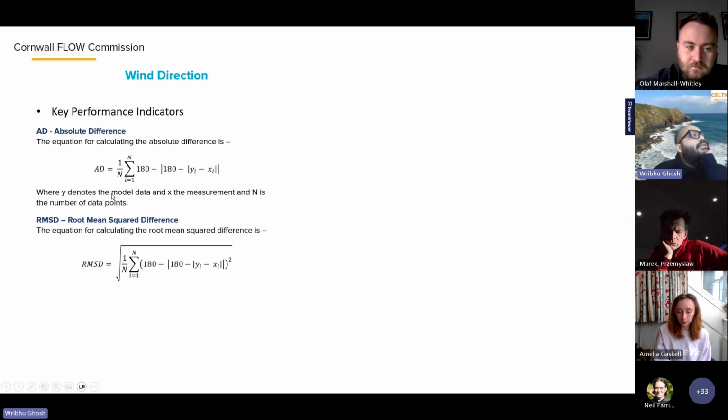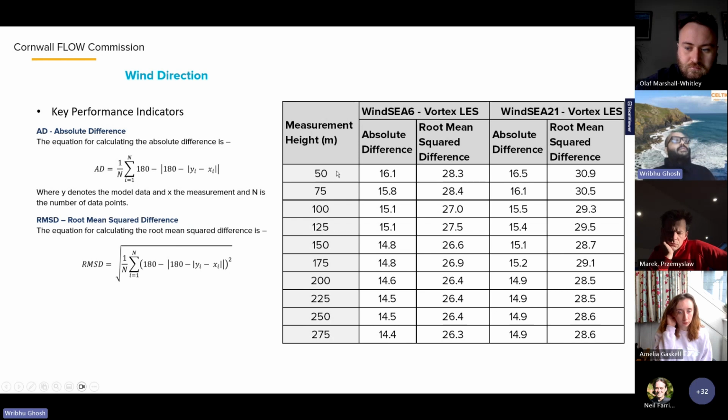We defined two KPIs. One is an absolute difference, defined by this formula, and the other is the root mean square difference. For all heights, both the absolute differences and the root mean square differences decrease with height, suggesting better prediction at higher heights.